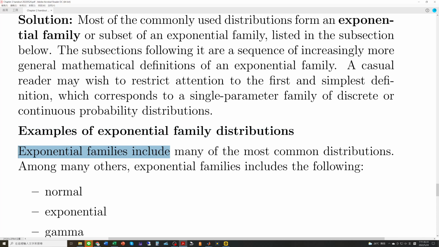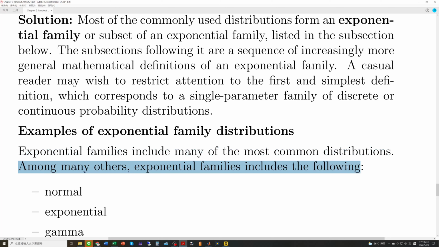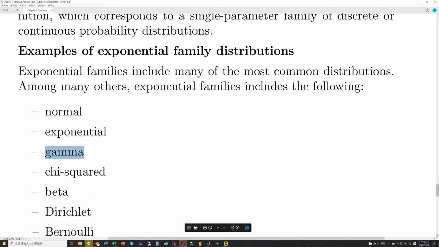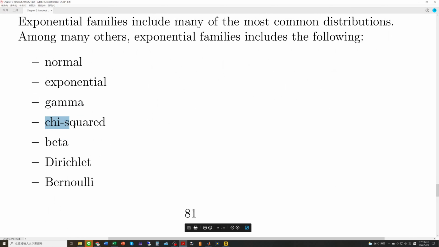Exponential families include many of the most common distributions. Among many others, exponential families include the following. First is the normal distribution, the exponential distribution and the gamma distribution, and the chi-squared distribution and the beta distribution.